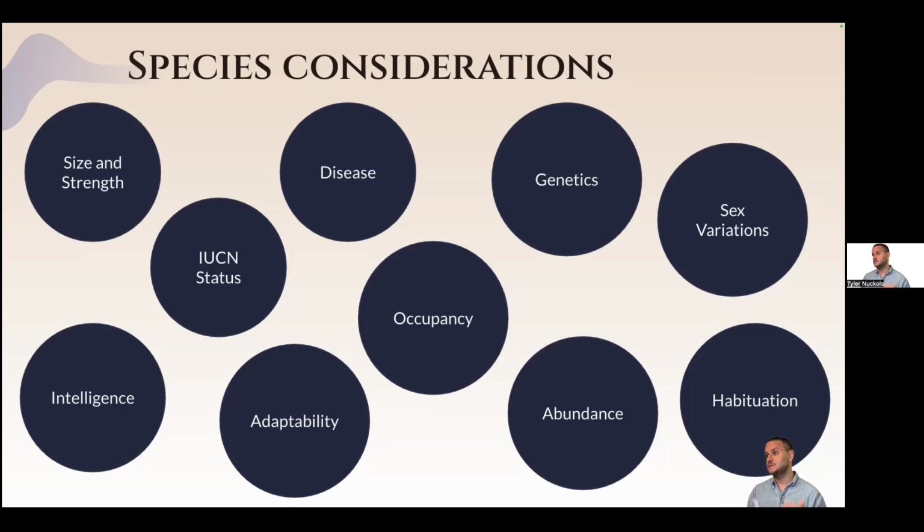And then some species become habituated crop raiders, where they become a problem species, or habituated to taking down livestock, to where that's their preferred method of resource acquisition. And so it becomes a very serious and difficult issue that has to be considered.